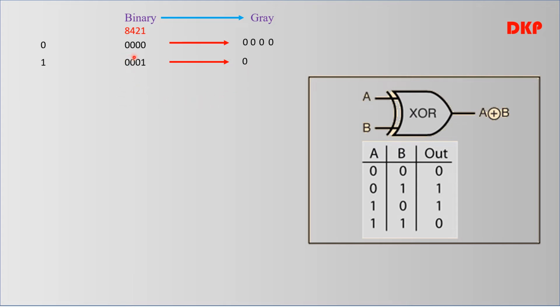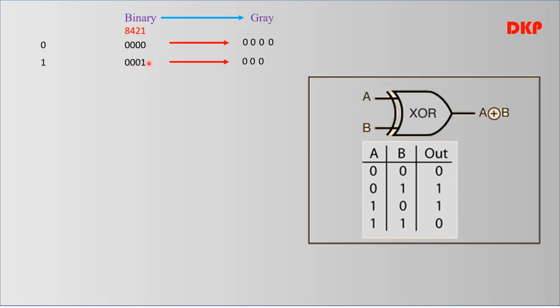Now XOR the first bit with the second bit, that is 0 XOR 0. 0 XOR 0 is what? 0 itself. So that is the second bit of the gray code. Next, the second bit of this binary is XORed with the third bit. So 0 XOR 0 is again 0.